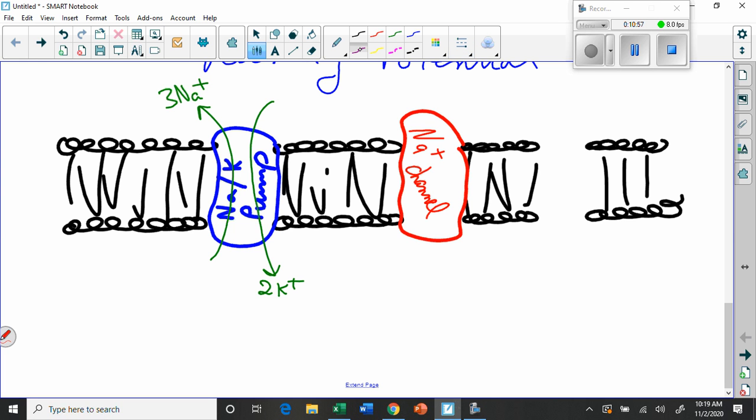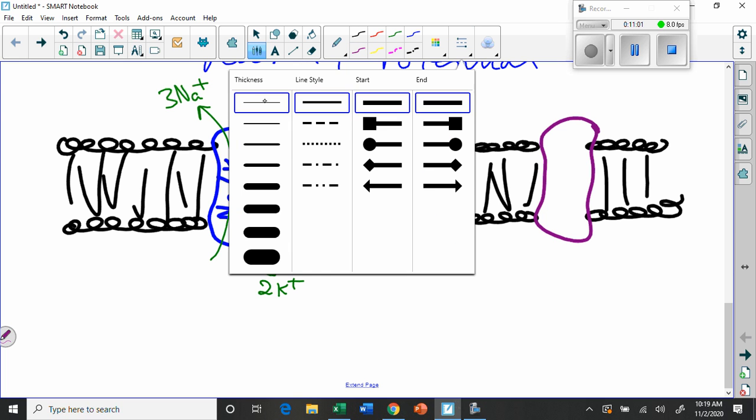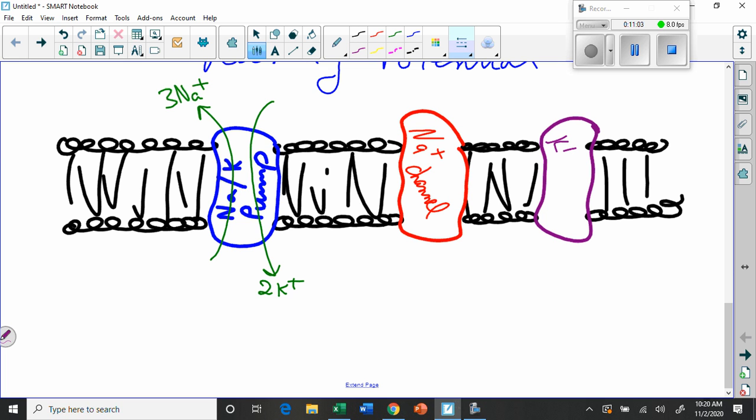And then another guy over here in purple is going to be a potassium channel. So remember, membranes have all kinds of protein gates, right? That can open and close and let things in and out. So these are particular gates that will open and close and allow for the movement of sodium and potassium.